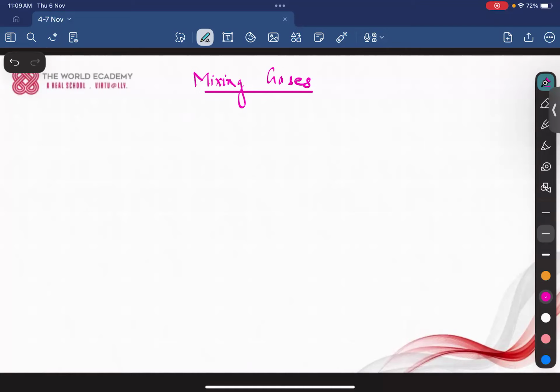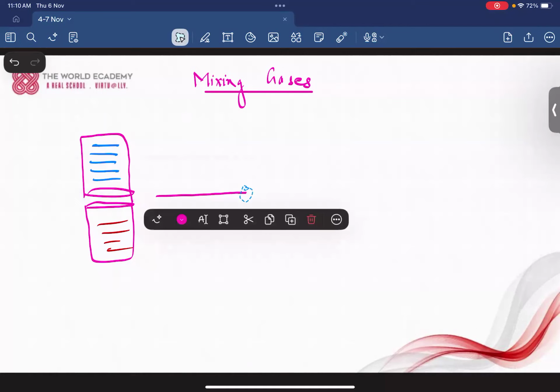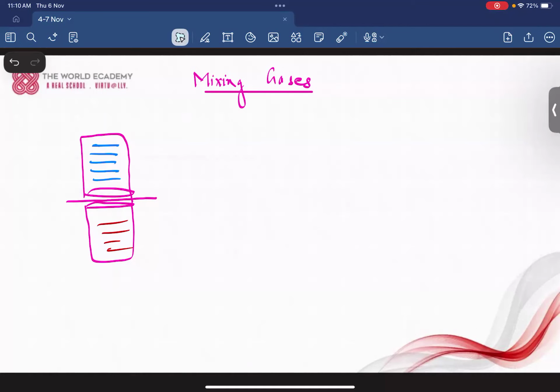Okay. So what I am doing, this is a beaker, and I am just placing one paper, and this is another beaker, upside down. It is carrying blue color solution, and this one carries red color solution. What will happen if you remove this? The blue will dissolve into the red.